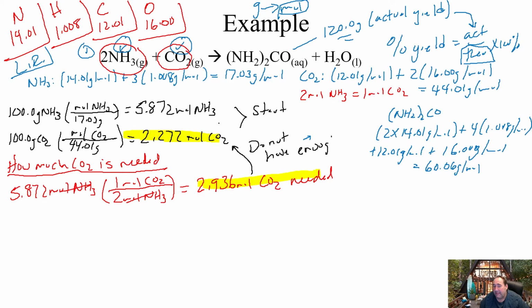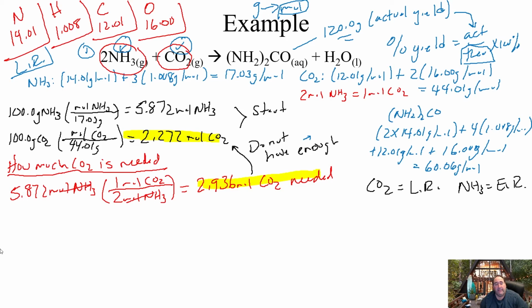So that means, because we do not have enough, the CO2 is going to be our limiting reagent. And by default, the NH3 here would be our excess. So here's a good demonstration that not always will you have enough. We do not have enough, and that means our CO2 is limiting.